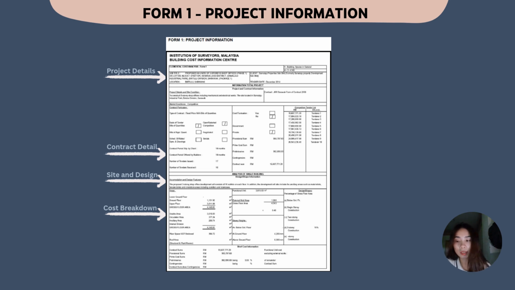For the contract details, the contract type used for this project was fixed price with bill of quantities under the JKR Sarawak form of contract 2006. The tendering method was selective tendering where 17 contractors were invited and 10 submitted bids. The contract was awarded at a value of 15.6 million Malaysian ringgit, which matched the lowest tender received.